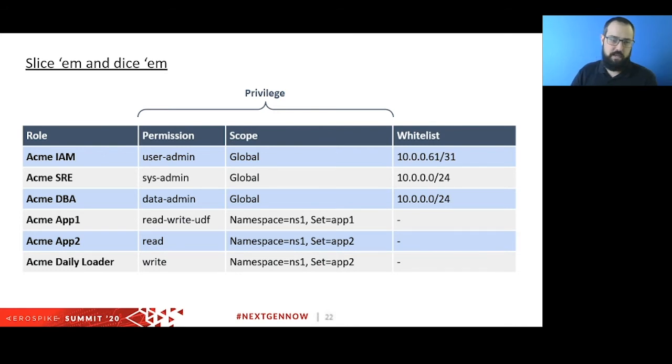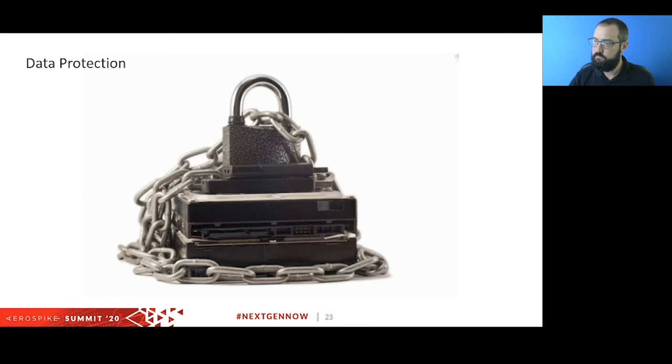So for example, maybe a handful of employees can all connect to the Aerospike cluster from their office in a private network, but only Alice and Bob can create new users, and they can only do so from their personal workstations. So a very specific subset of the overall IP addresses that are allowed to talk to Aerospike are now further restricted to this role that's performing this specific function.